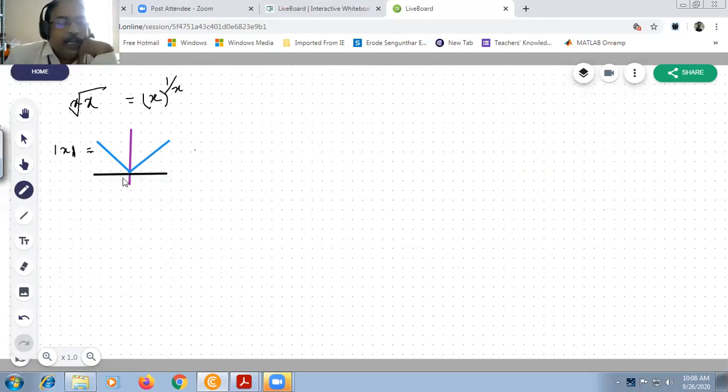And this mod x has a global minima at x equal to 0. So this statement is correct.